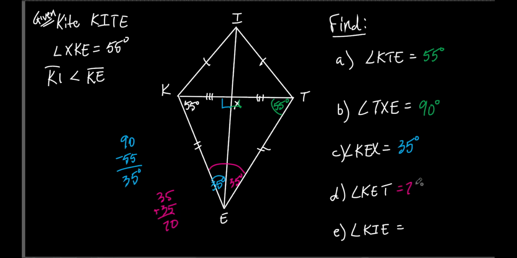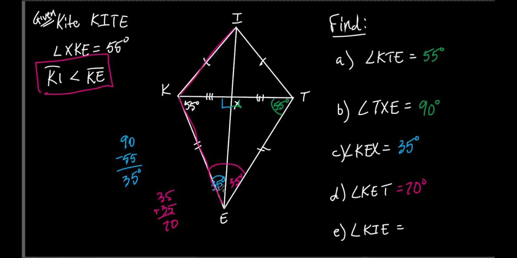So that's 70. Now, here's the one that's a little bit weird. Do you see what they gave you right here? They say that KI, this one right here, is bigger than KE. Now, it sure doesn't look, oh no, it's less than. Okay, now it does look like it. So this one right here is less than this one right here.